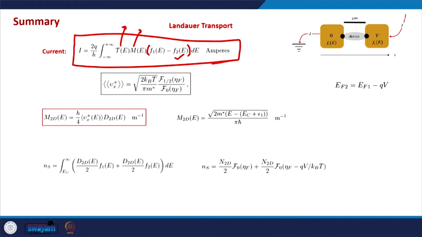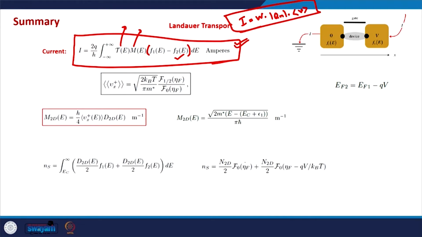Further, we saw this in our discussion of the MOSFET. This is a pretty general expression of the current. The second expression is W times average charge times velocity.